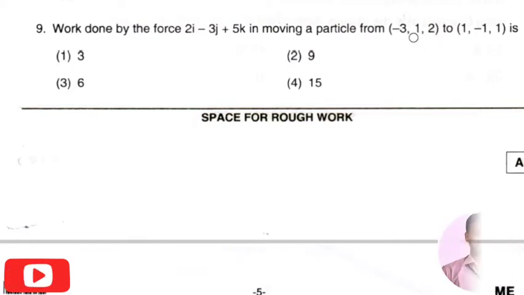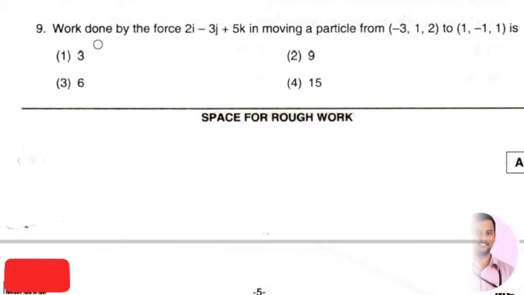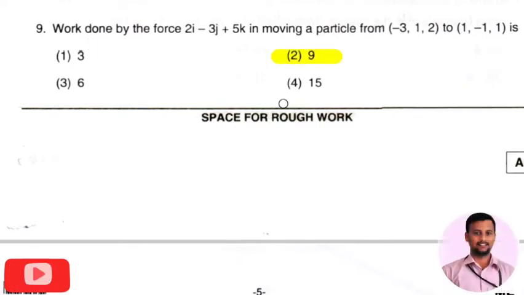These are the points of ijk with respect to initial point and this is the ijk value at the final point. The difference of these two will be the work done. So the right answer is option 2, that is 9. So the work done by this force will be 9 units.